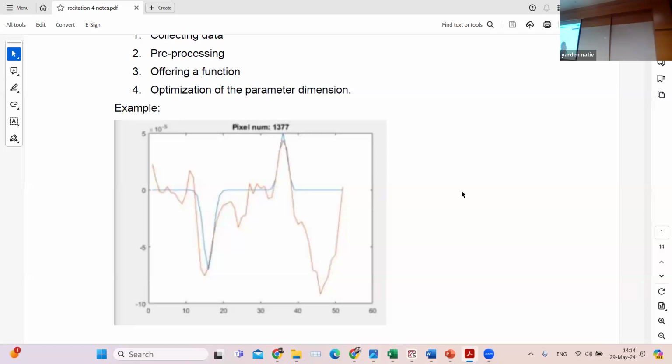I thought, okay, let's try to have a negative Gaussian for the negative part, and a positive Gaussian for the positive part. And in between, I want to do something between these two things. And then I want to find the parameters for each of my pixels or for each of my neurons, which best relate to the real activity over here.